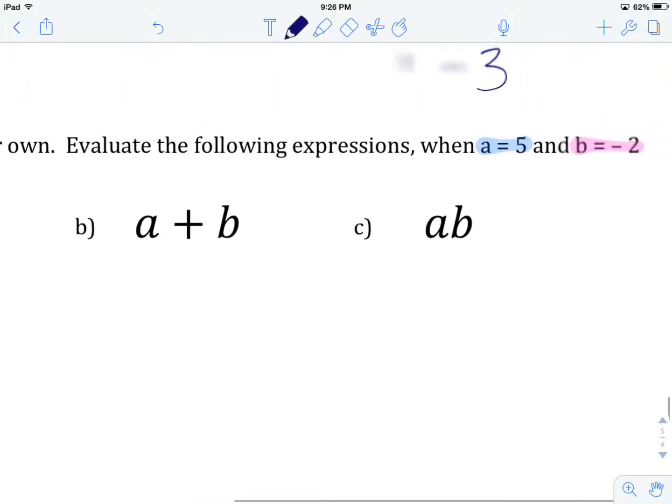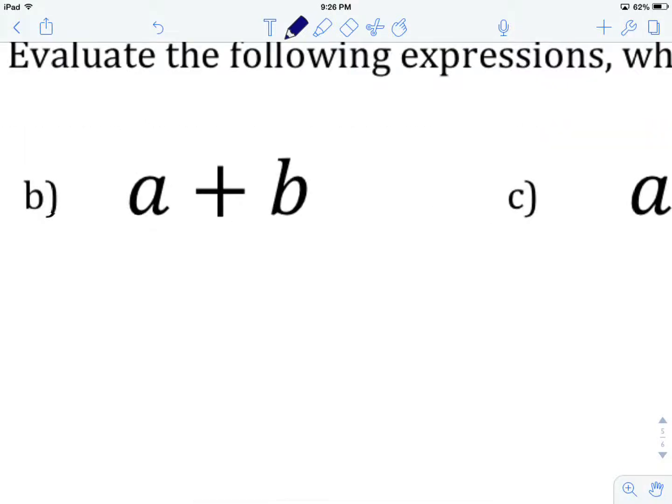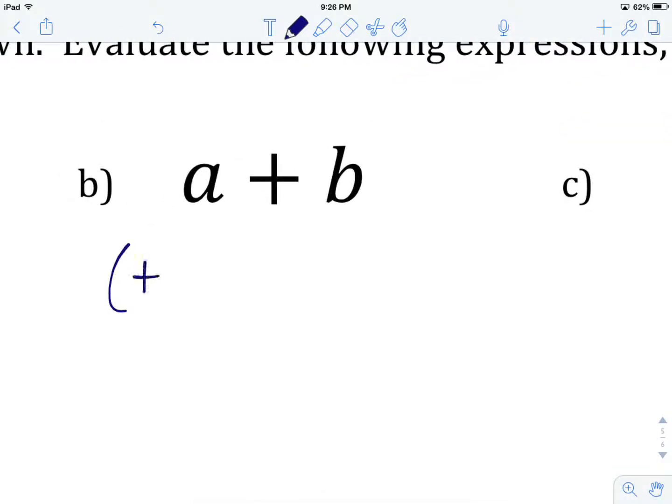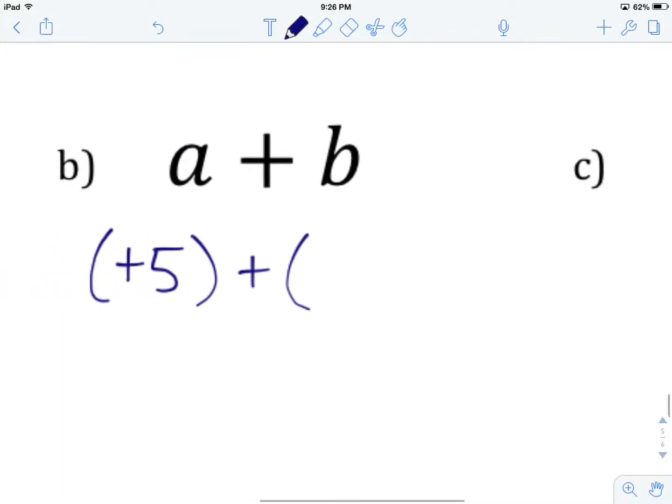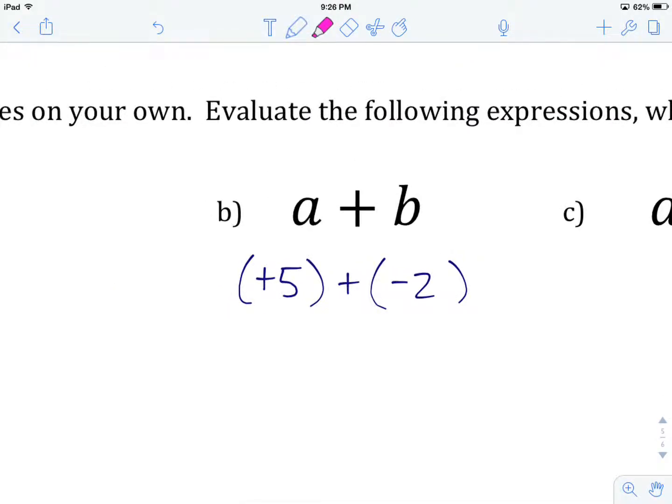Alright, we've got A plus B. When I see an A, I'm going to substitute in a 5. And again, at this point, I'm going to just put a positive 5 in there. I know I'm going to need to do it later. Plus, and B is going to be, when I sub it in, a -2. Now this doesn't require a rewrite because we're already combining using addition. We've got our addition hiding right there in the middle, so we're all good. A positive 5 and a -2.